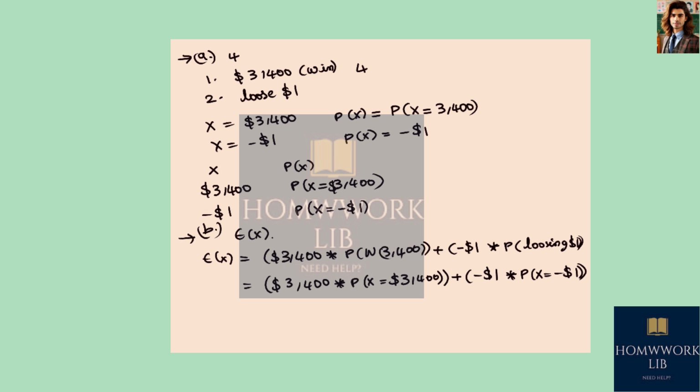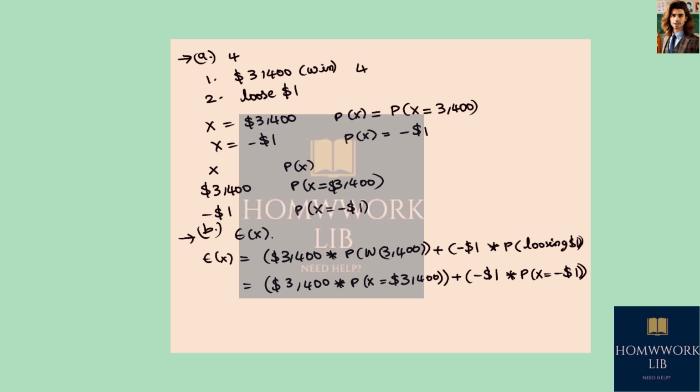Now we need to use the calculations, and we assume that the probability of winning is 1 in 10,000, as there are 10,000 possible 4-digit numbers, and the probability of losing is 9999 in 10,000.